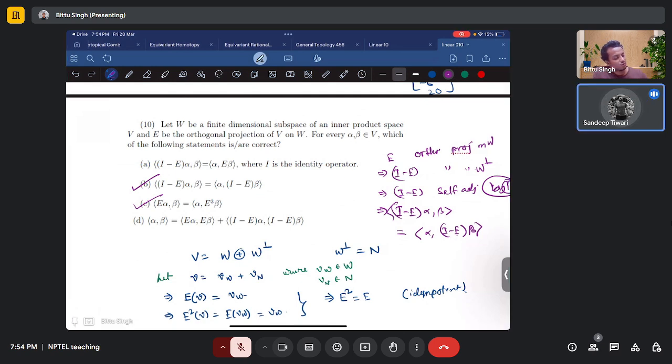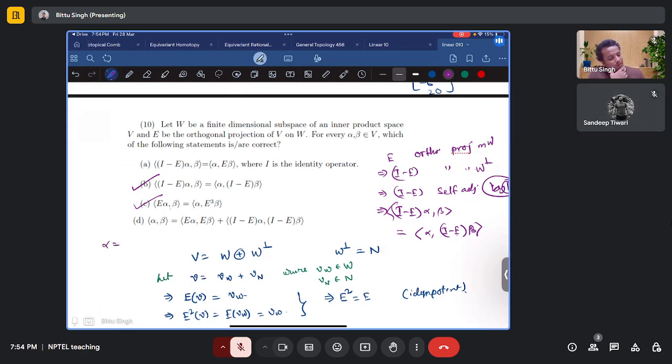So we have to expand the second term by writing I alpha minus E alpha. Alpha can be written as E alpha plus I minus E alpha. This part belongs to W and this part belongs to W perp.